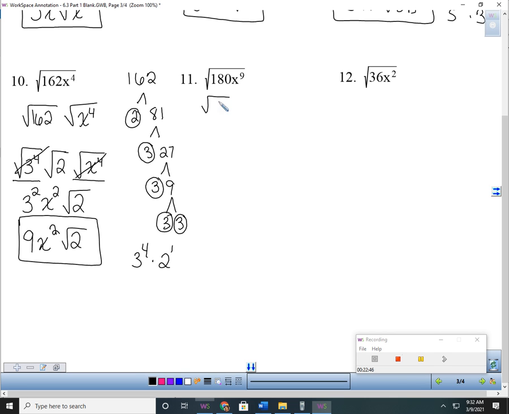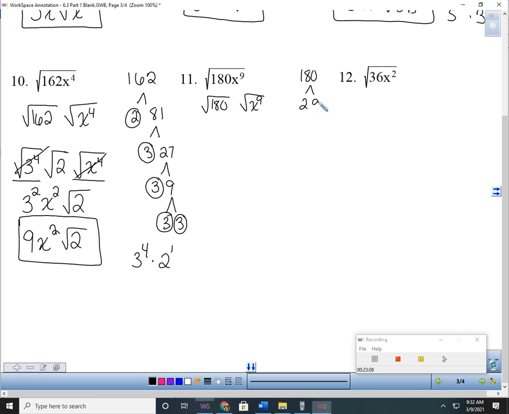So let's do the square root of 180 and the square root of x to the ninth. And let me keep reminding you, always check to see if the number there is a perfect square. 180 is not a perfect square. So we'll do a factor tree for 180. So 180, that's even, and it'll divide by 2.